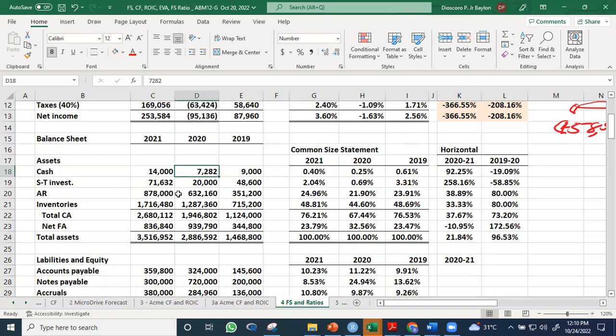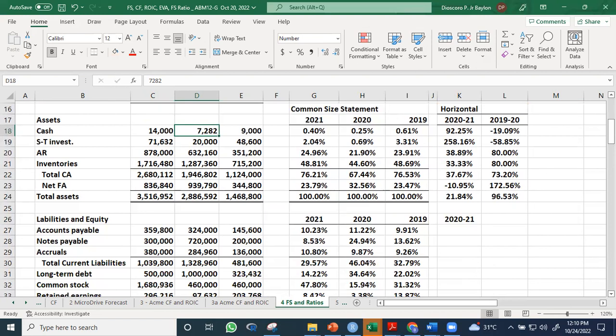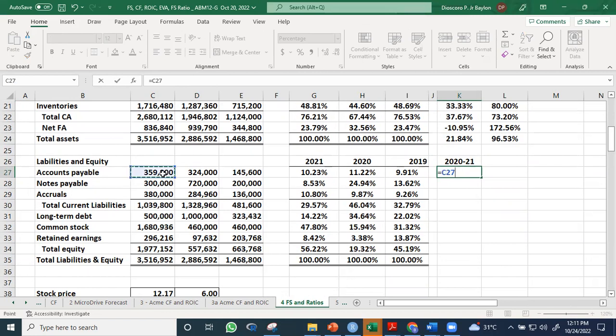Ang may problema, class, yung pag negative yung value natin, tapos yung previous, tapos yung current, positive. Okay? So I'll leave you to format this. And then, ganun din dito. Okay, so this is equal to this one over this one minus 1.